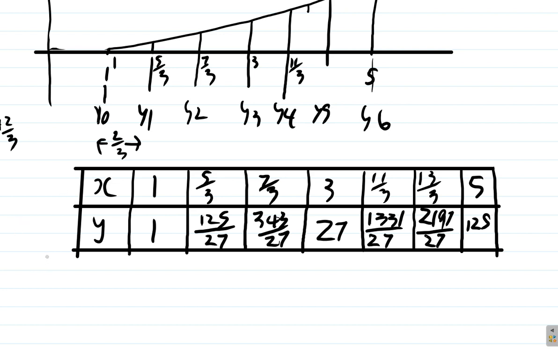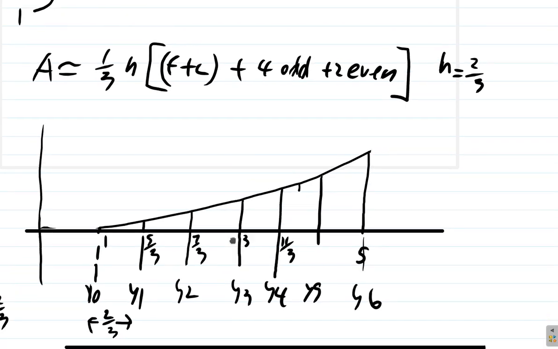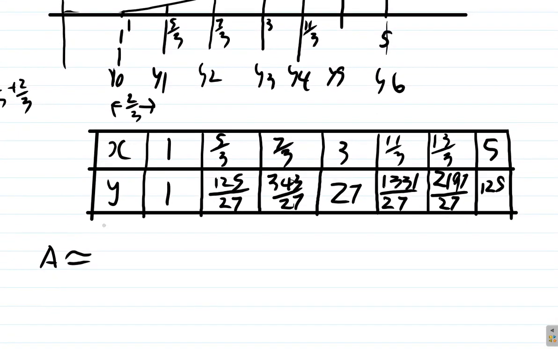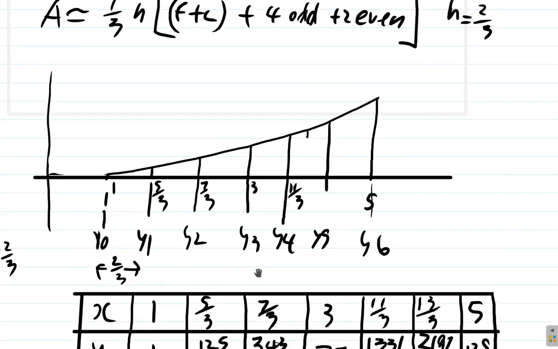So now we can apply Simpson's rule, so that the area is approximately equal to, what did it say again? 1/3 height. So it's 1/3 times our height, 2/3. We have one bracket there.